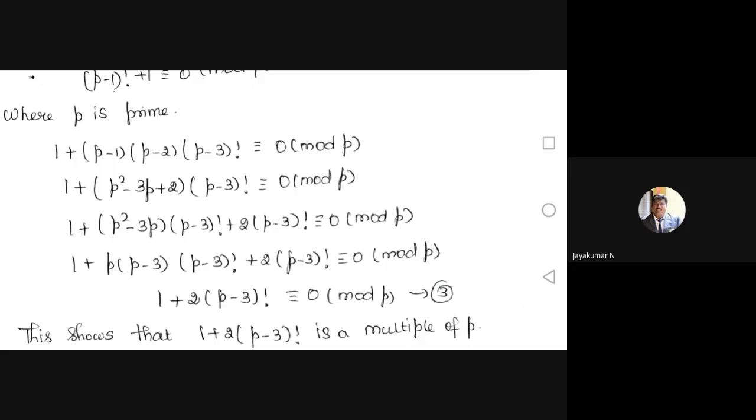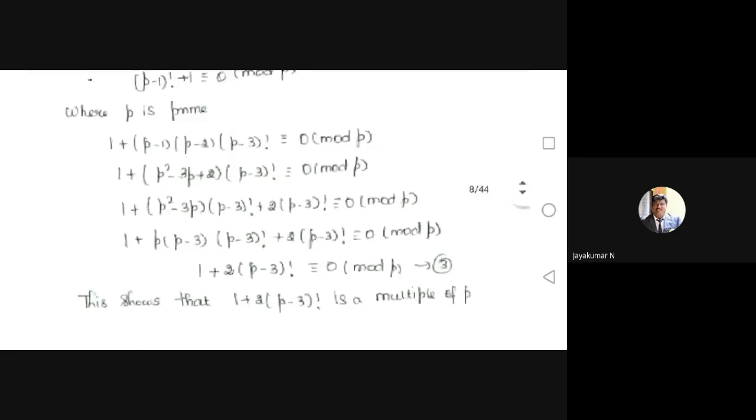Therefore 1 plus 2 into (p minus 3) factorial is a multiple of p. That's why you get the remainder 0. So we have proved that 1 plus 2 into (p minus 3) factorial is a multiple of p.